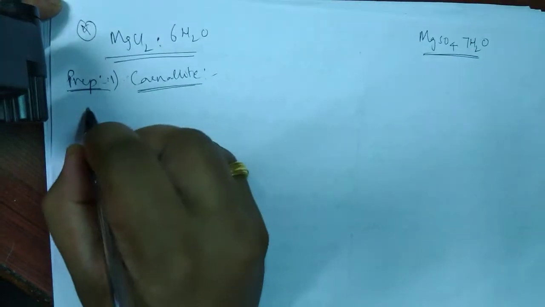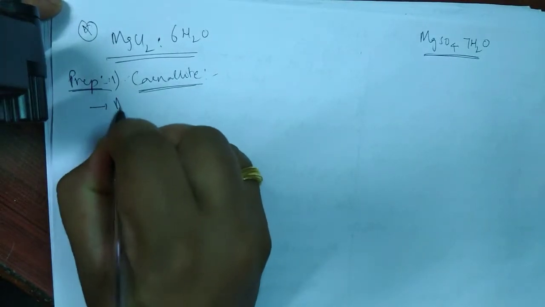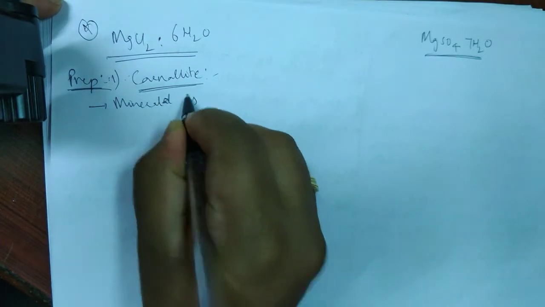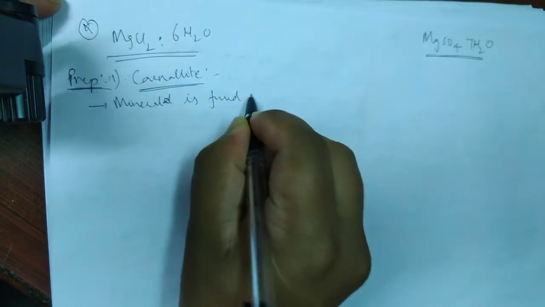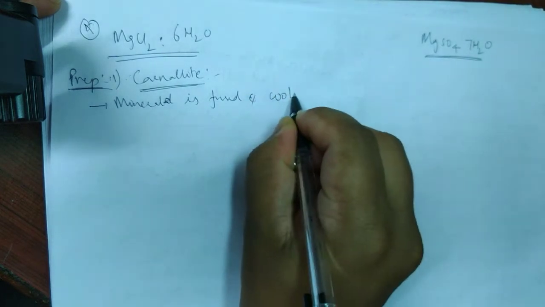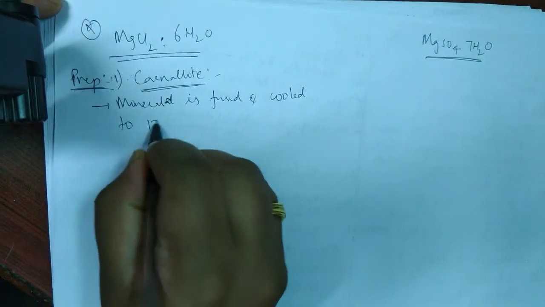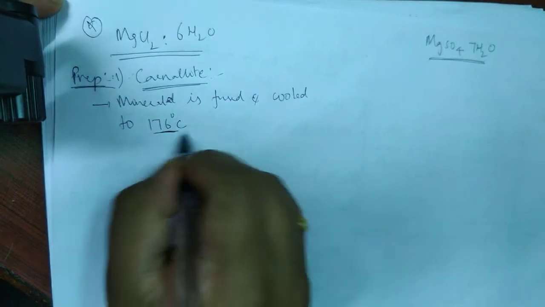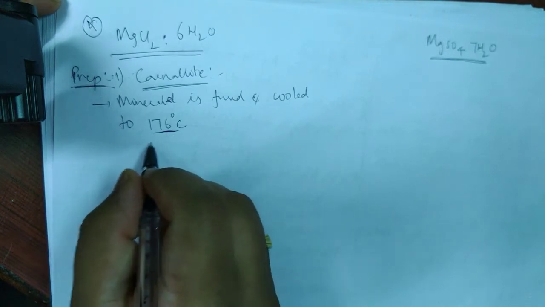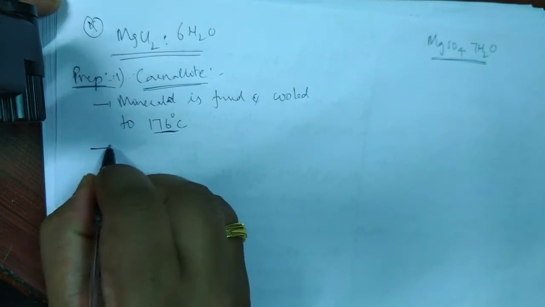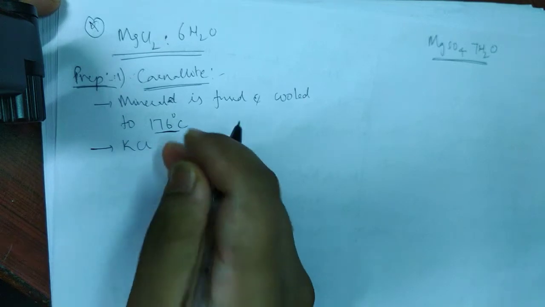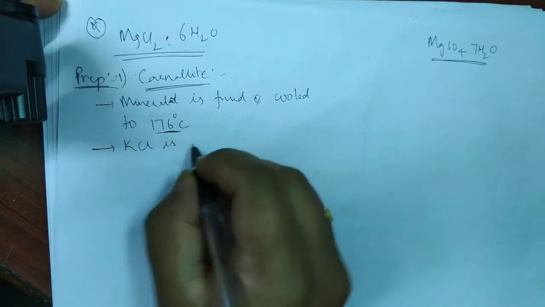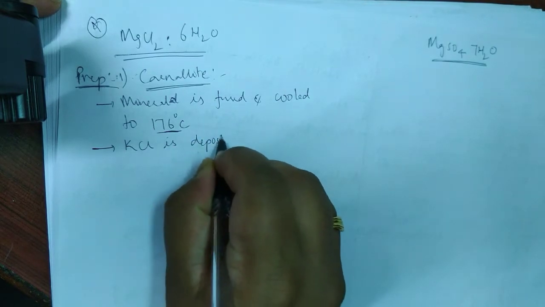What do we do? The following steps are there. Number one, first the mineral is fused and cooled to 176 degrees Celsius. Remember this temperature. At this temperature, KCl will automatically get deposited, all the amount of KCl is completely deposited.